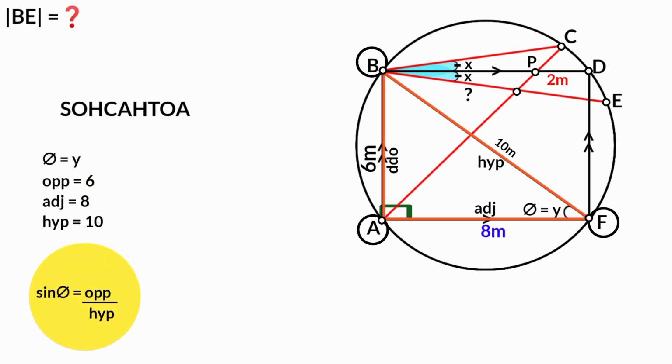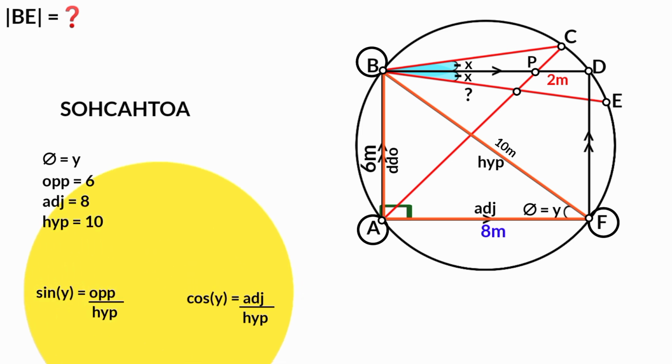Now from here, sin theta equal to opposite over hypotenuse, and here cos theta equal to adjacent over hypotenuse. Theta is y, opposite is 6, adjacent is 8, and hypotenuse is 10. So sin y equal to 6 over 10 and cos y equal to 8 over 10.